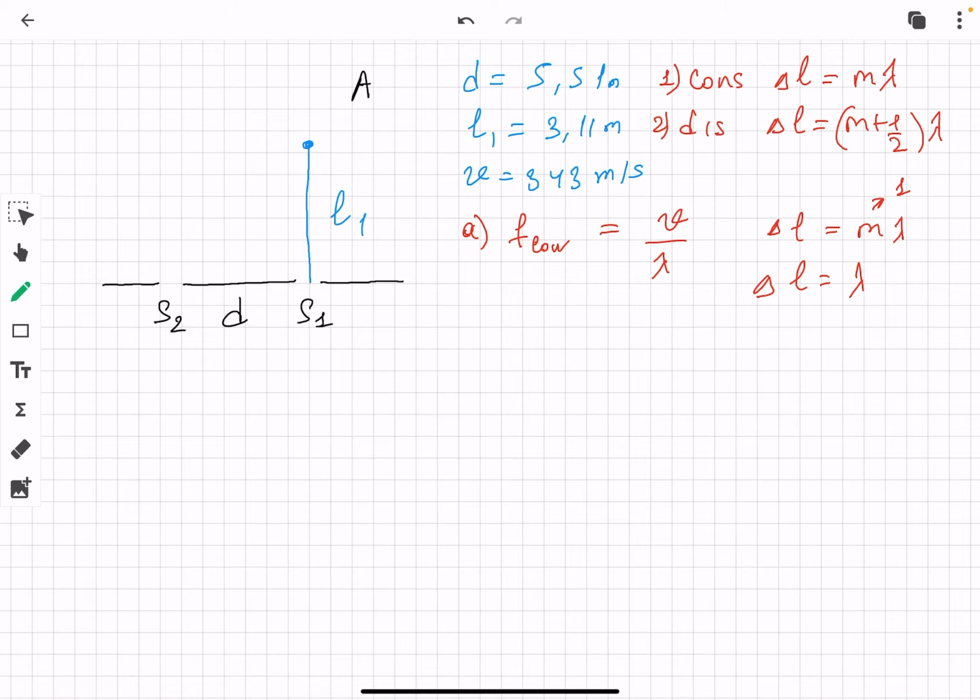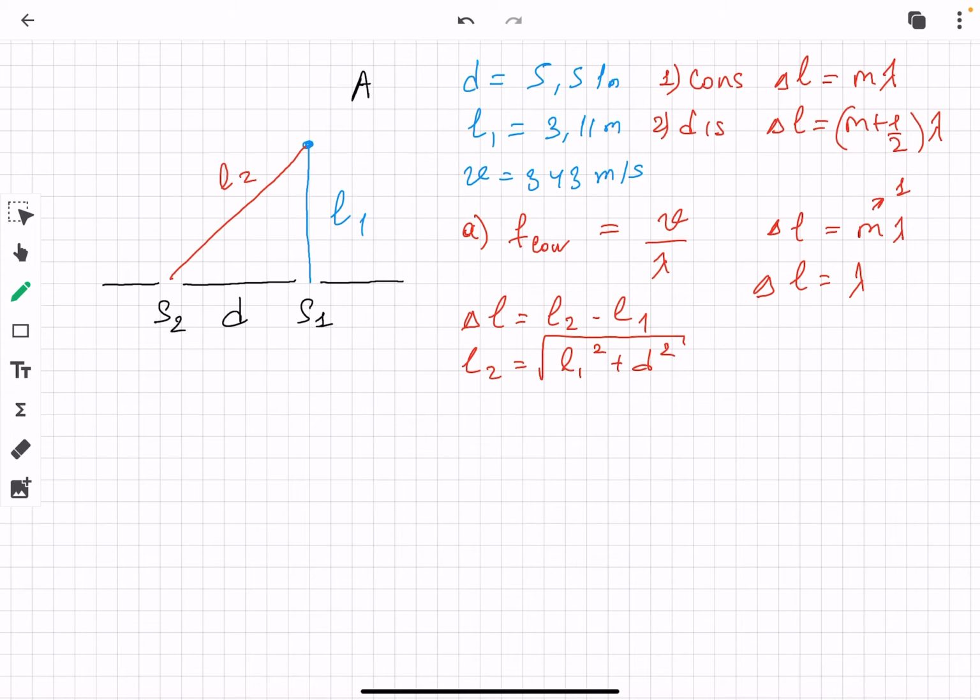Now how can we find delta L? Delta L is equal to L2 minus L1. Let's say this is L1, so L2 will be this distance. L2 is equal to the square root of L1 squared plus D squared.